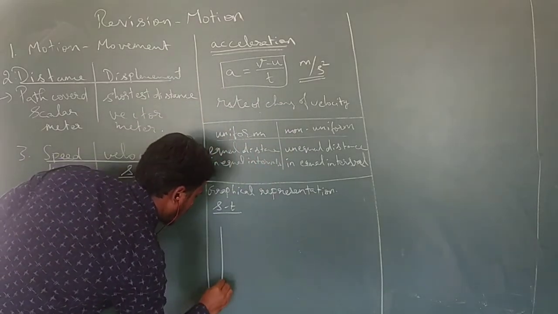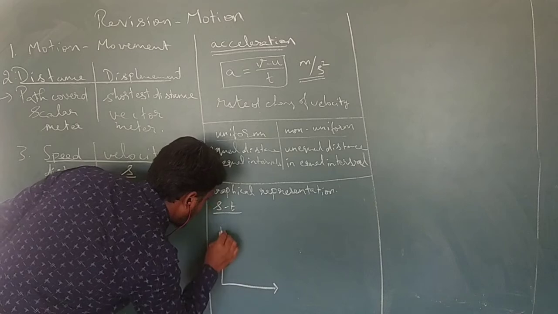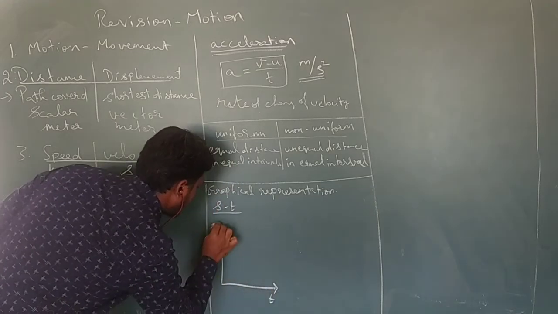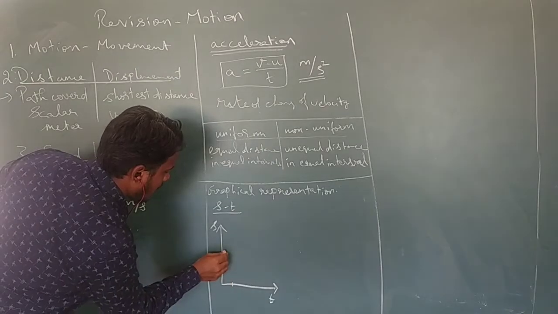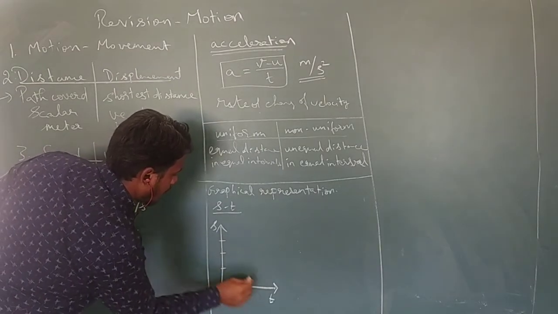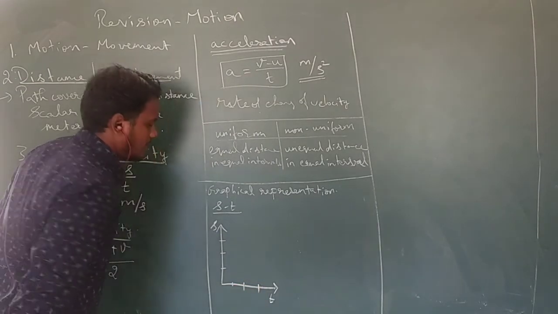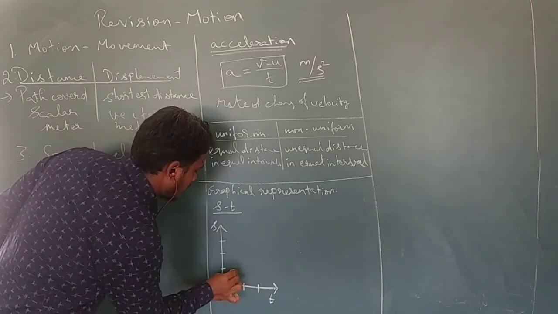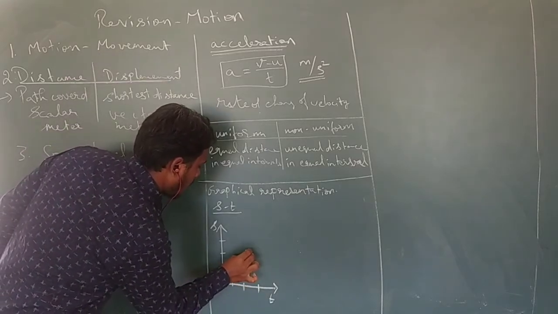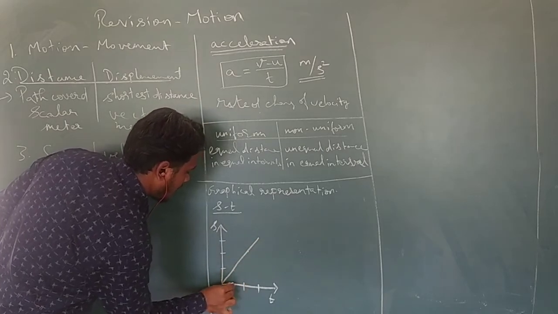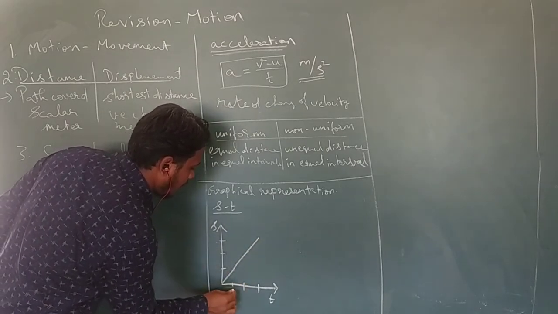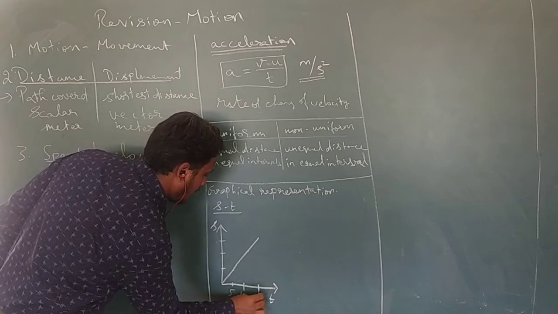Let's say this is T, this is S. At equal intervals of time, if equal distance is covered, we'll have something like this, right? The last example I gave: every 5 minutes it covers 100 meters, so 100, 200, 300 for 5, 10, 15 minutes like this.